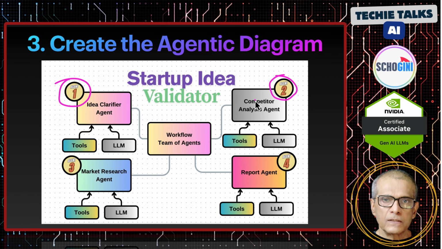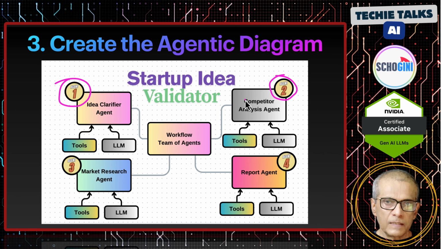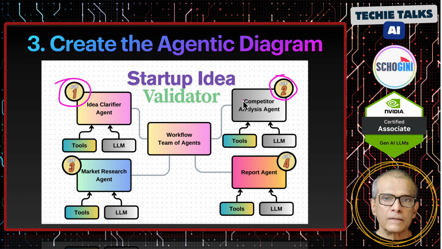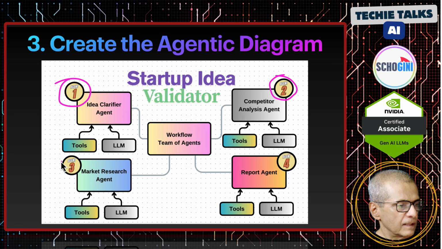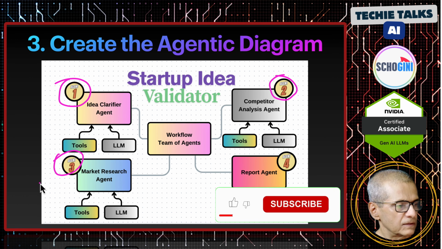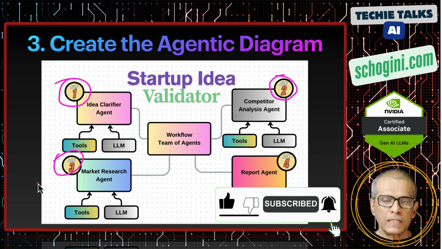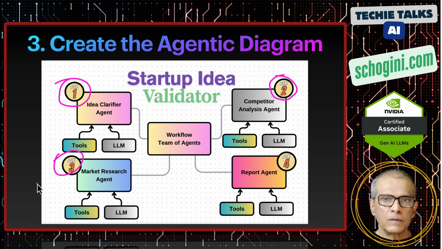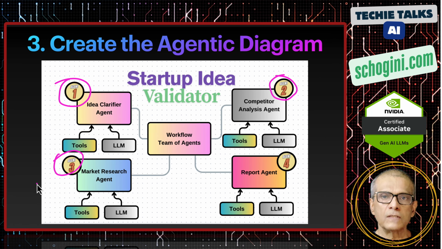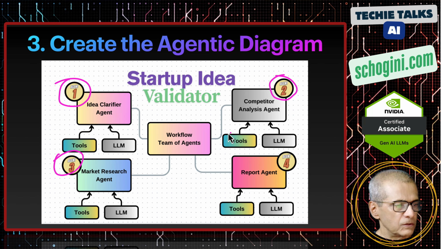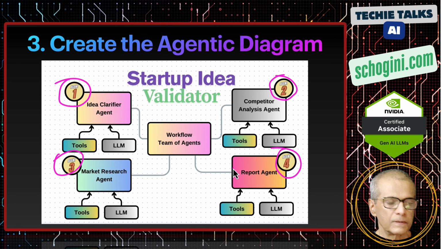So what this agent should do is to see if already there are other companies doing the same project and see where they stand in terms of their quality, pricing, etc. Third thing is do a market research. That is, explore the market and see potential this startup idea has in the current market and identify the market segment where this idea is applicable. Then finally, once you have done all these three, it is time to prepare a detailed report.